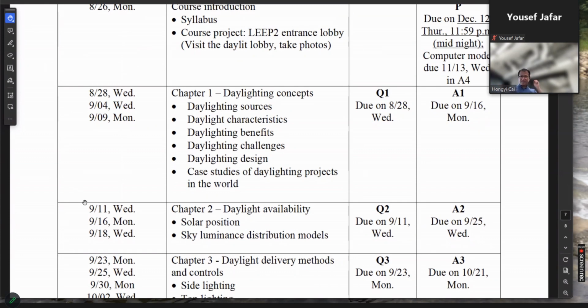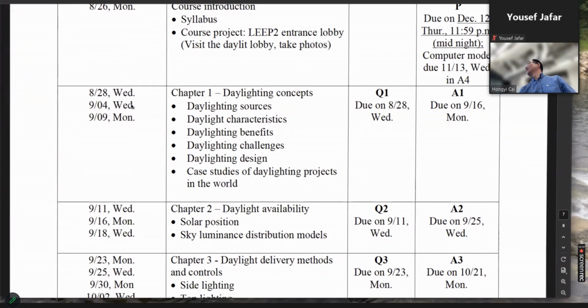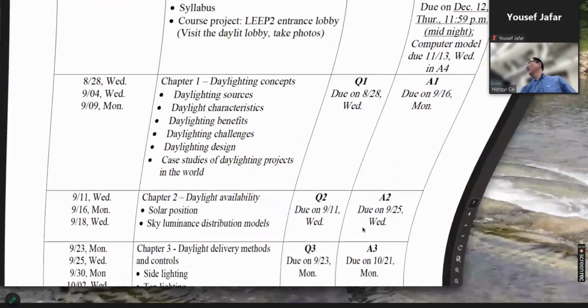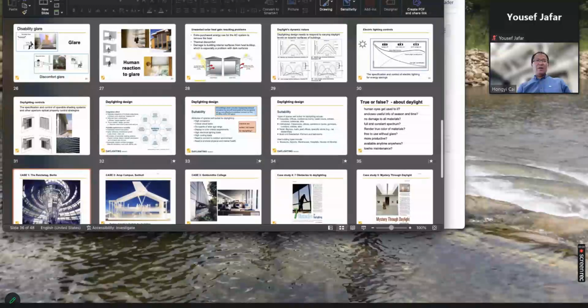Right. Okay, and then let's go back to the PowerPoint slide. Last time we talked about the purposes and objectives of daylighting. Why do we need to do daylighting? We talked about so many different advantages.